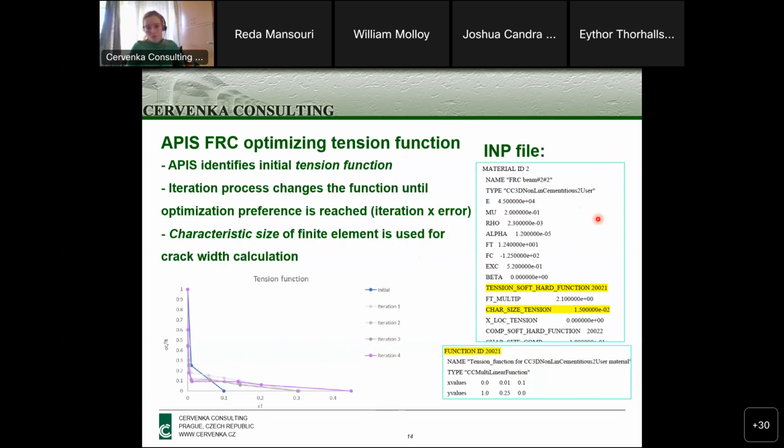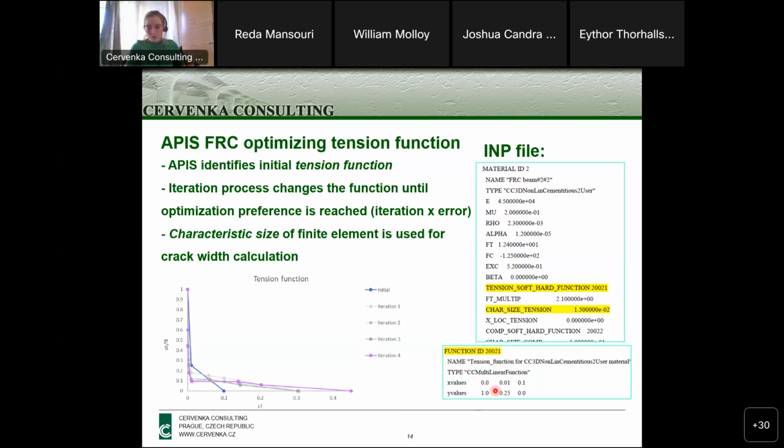You create also the input file where all the specifications of materials, of the loading, of the supports, of your geometry, basically everything that is related to the model, are. In the material specification, for your FRC material, there is a tension softening-hardening function, given by the number of the function, so you can find directly how the function is defined.